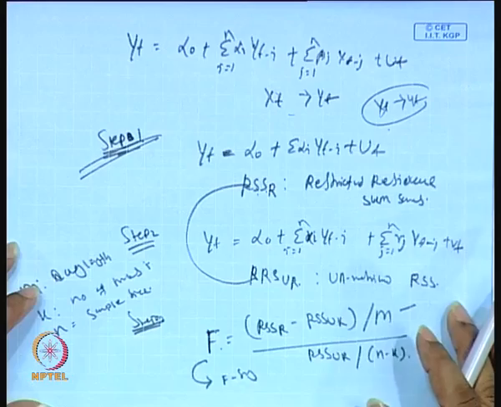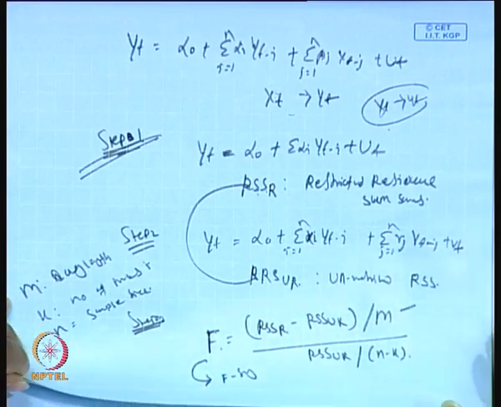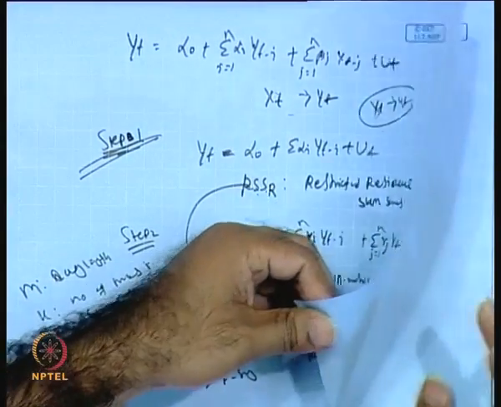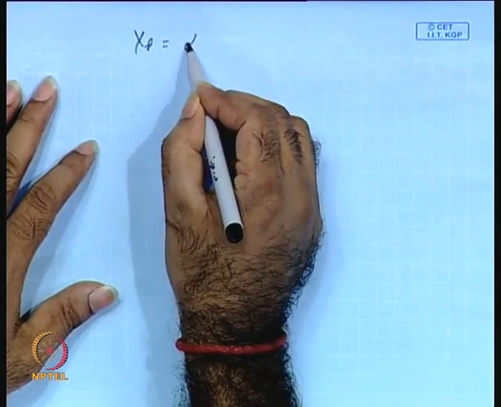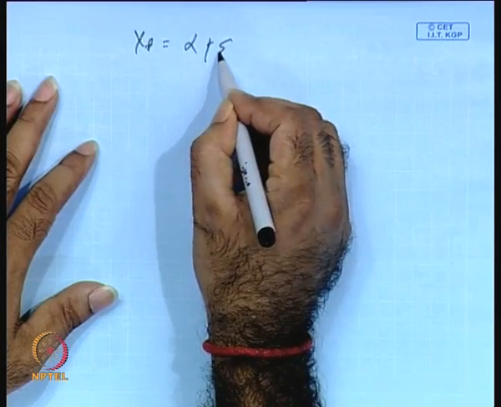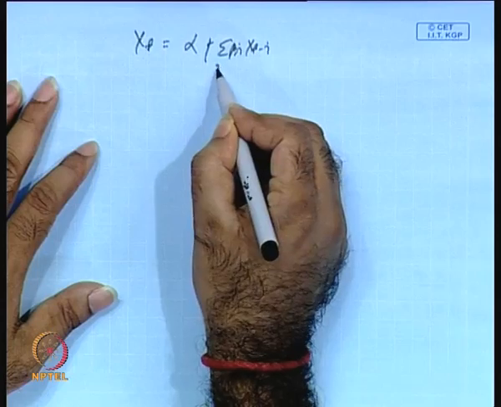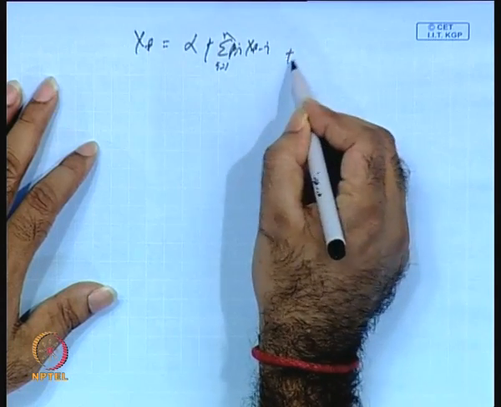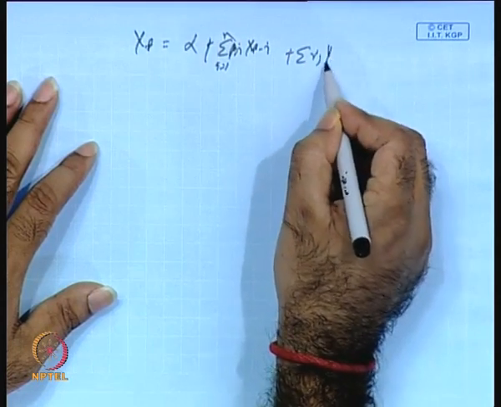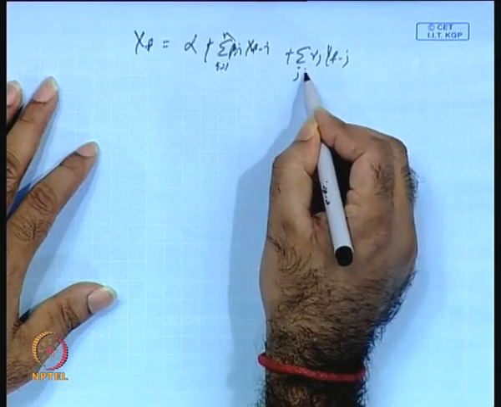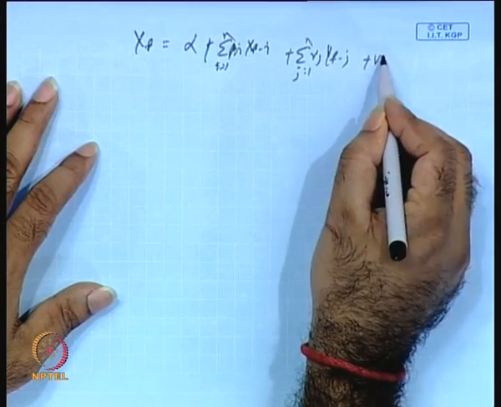Again, for reverse causality, you fit the equation similarly: x_t = alpha + summation beta_i x_{t-i}, i = 1 to n, plus summation gamma_j y_{t-j}, j = 1 to n, plus b_t.